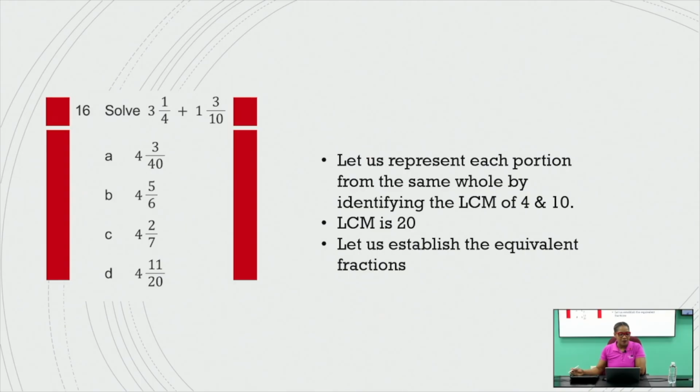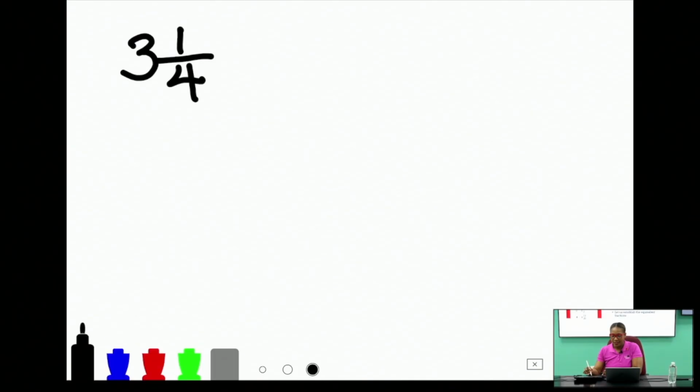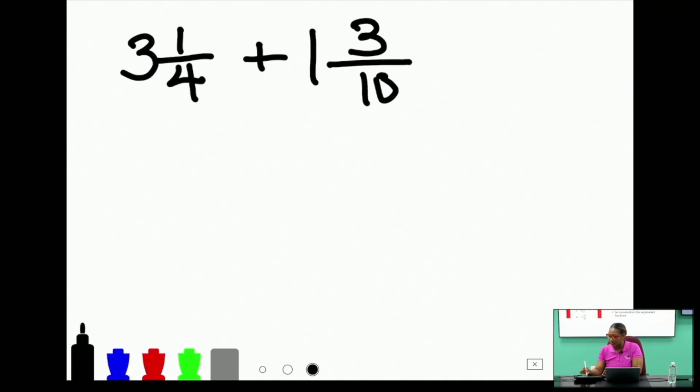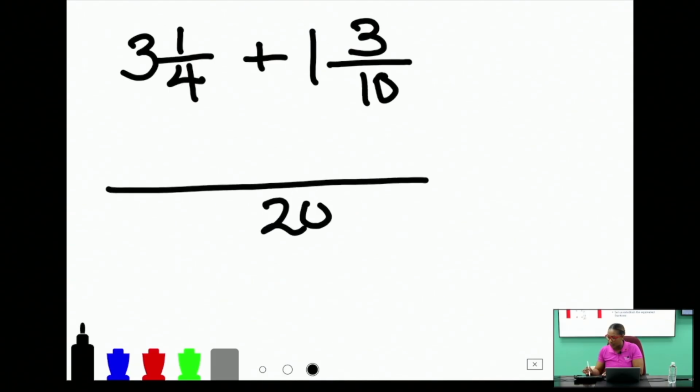So let's see if we can do this a little bit better. We're going to have 3 1/4 plus 1 3/10. So we want to represent them from the same whole, with 20 being the same whole.